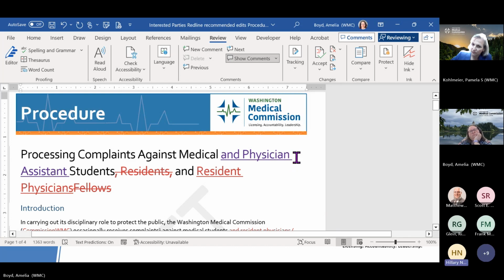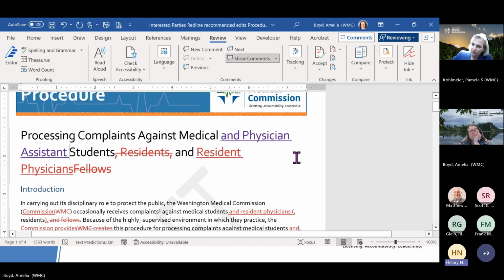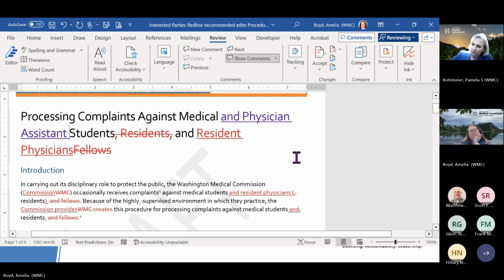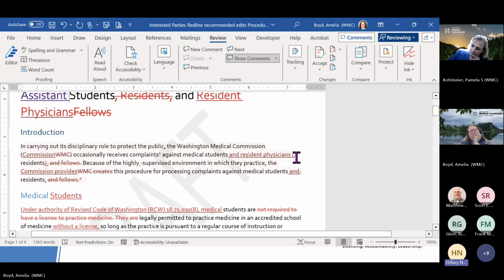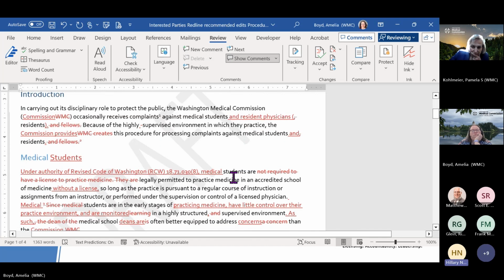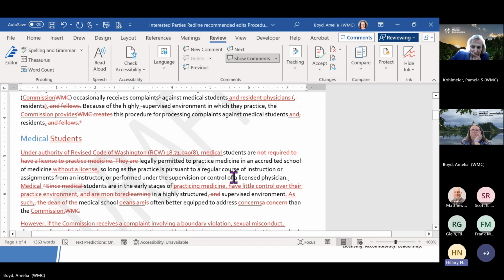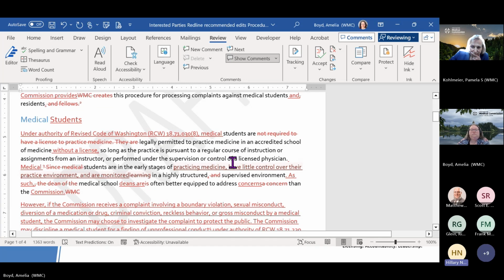For the provision on how the commission receives complaints on boundary violations, they just wanted to know how the discipline will be applied for trainees with limited versus full licenses.